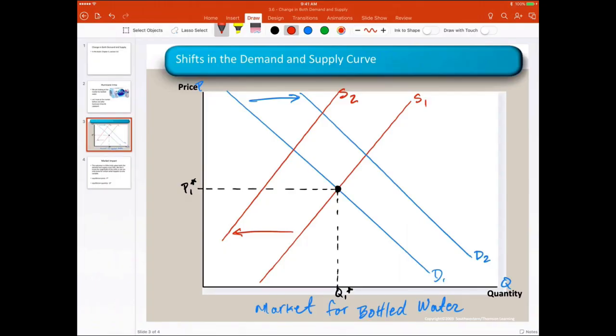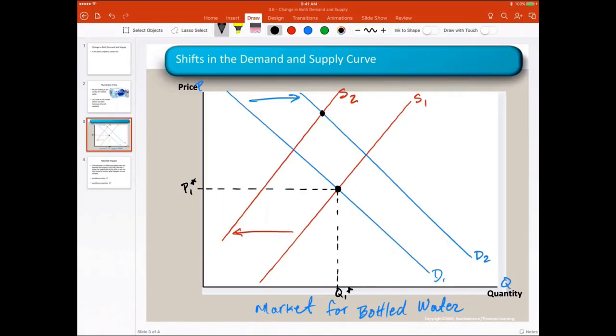Now, here's the interesting part. When we're doing these types of problems, we do the analysis and then look to see what the new equilibrium price and quantity are. It's going to be where our new demand curve and our new supply curve intersect. So we find D2 and S2, and that's going to be right here.